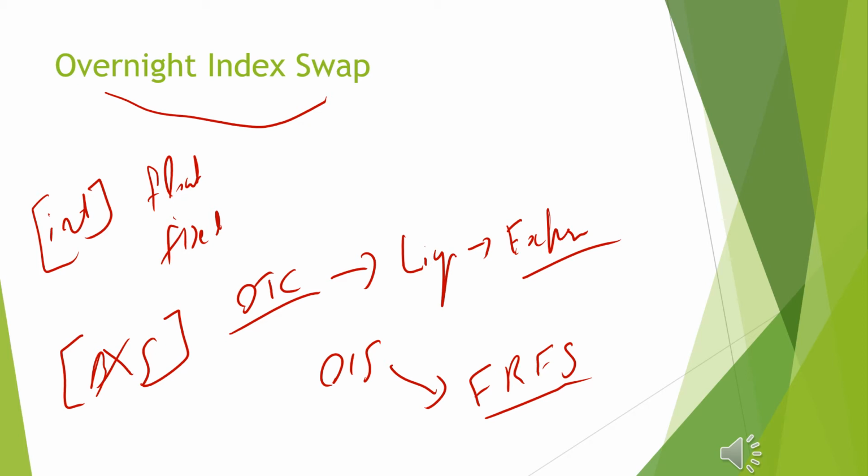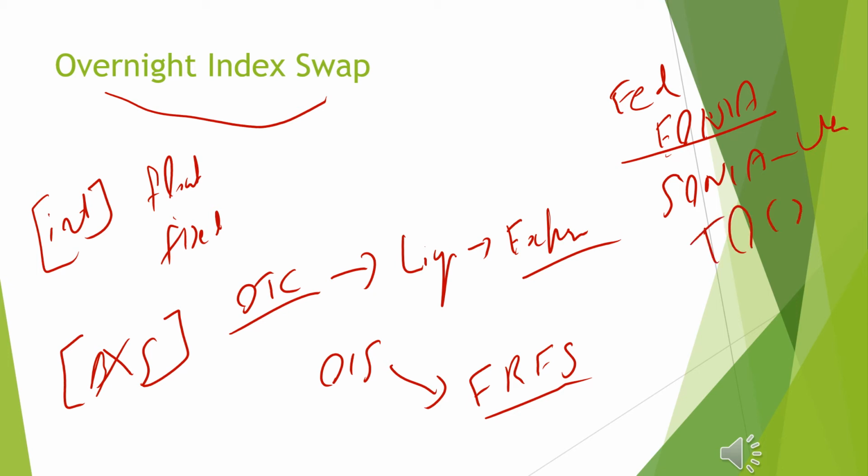For the following underlyings, we have US OIS, the federal effective rate in the US, the European Central Bank Euro overnight rate for the euro currency, SONIA for the British sterling, and TOIS for the Swiss franc.